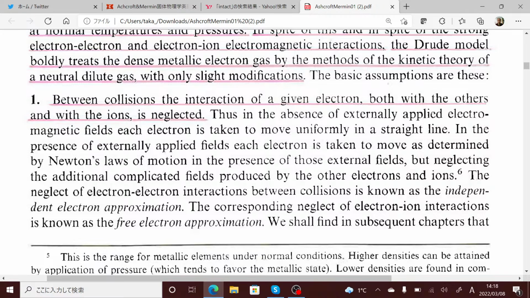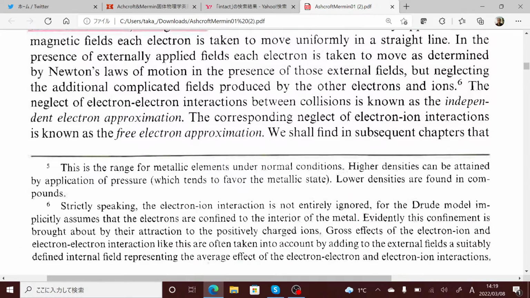In the presence of externally applied fields, each electron is taken to move as determined by Newton's law of motion in the presence of those external fields, but neglecting the additional complicated field produced by the other electrons and ions.